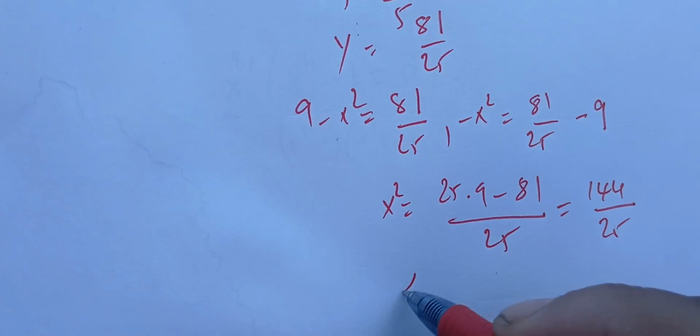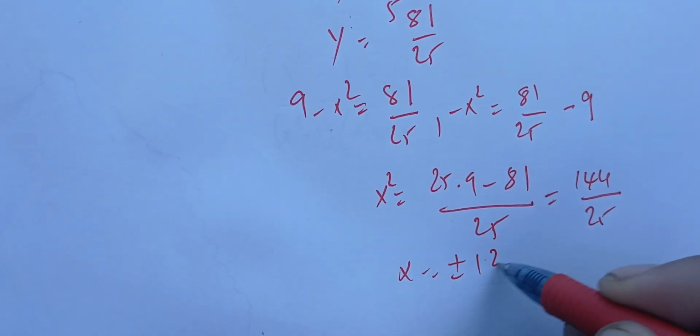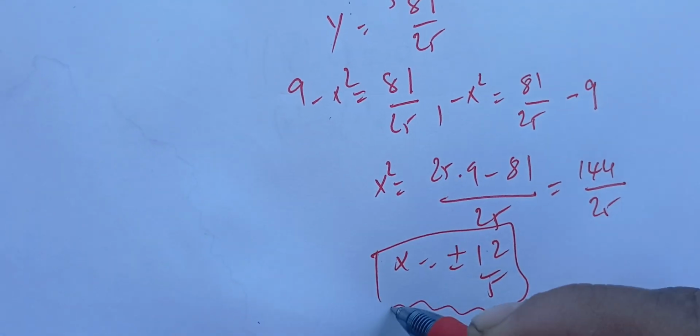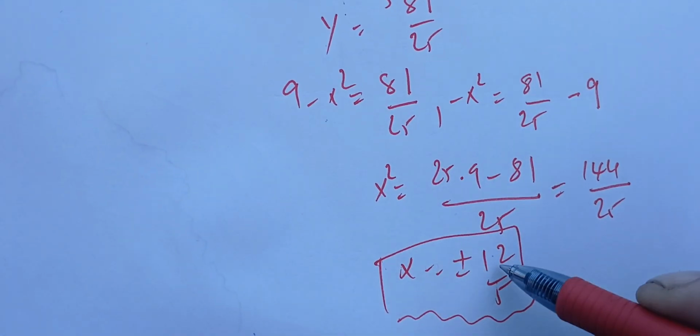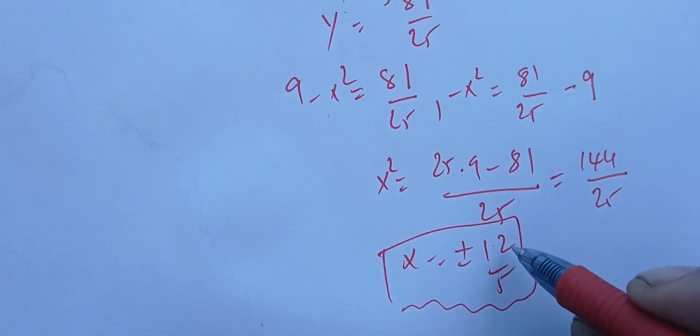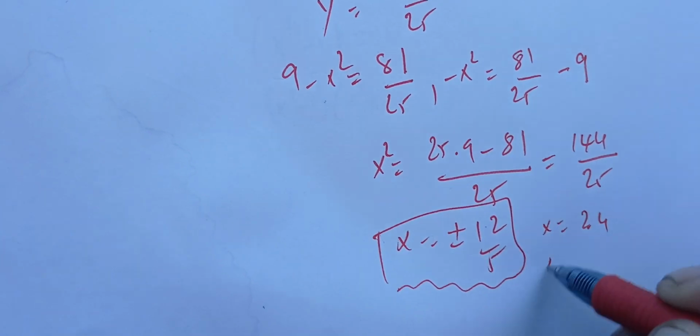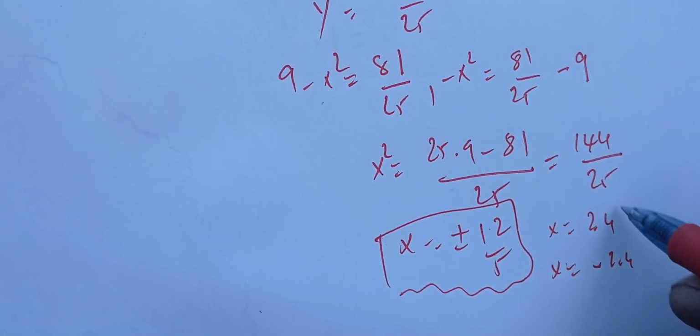And therefore x is going to be plus or minus 12 over 5. And this is the solution. 12 over 5 is 2.4, so x is 2.4 or x is minus 2.4.